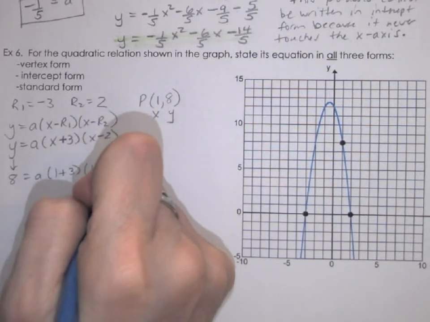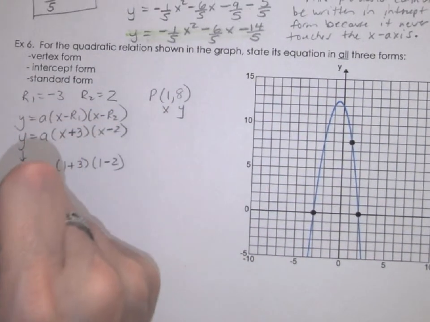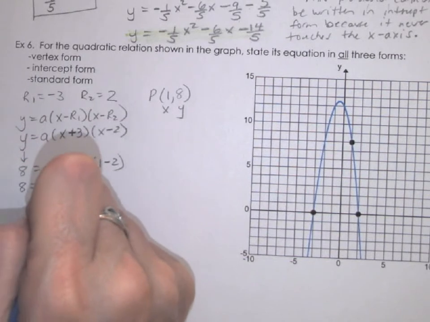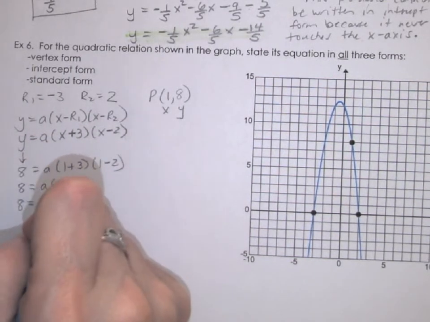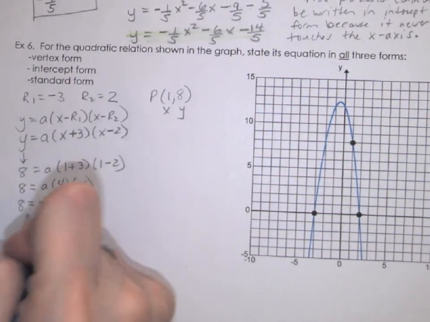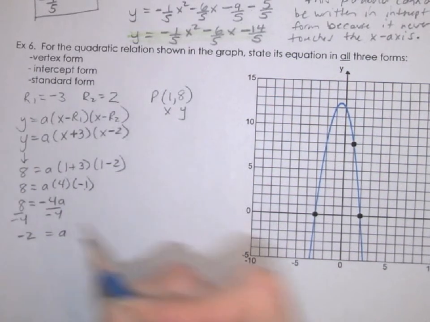And then our only unknown value is a. So we can calculate the a value. So 4 times negative 1, so negative 4a, divide by negative 4, and it turns out that a is negative 2.